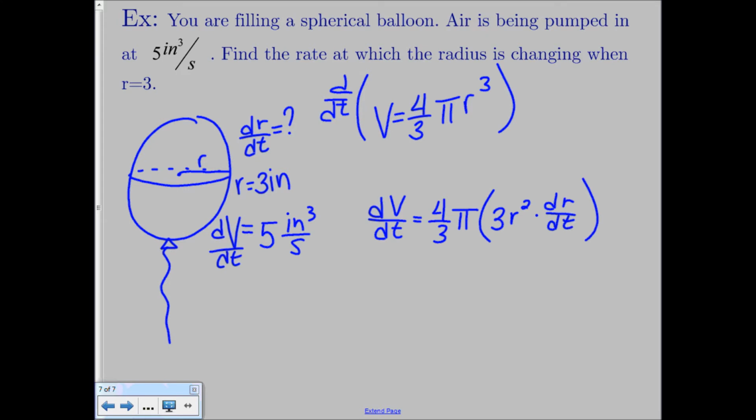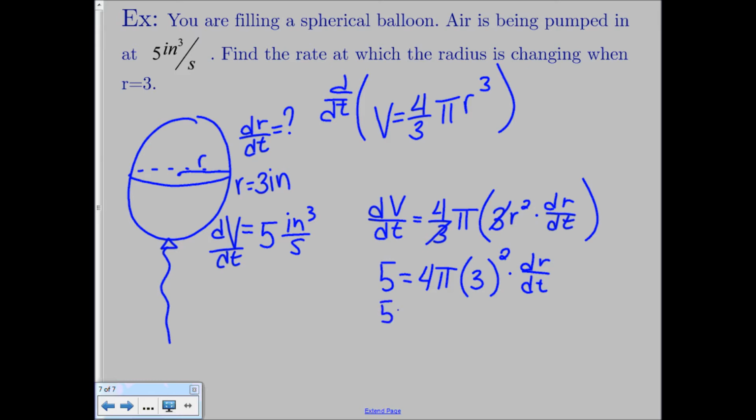So we knew that dV/dt was 5, is equal to, well, 4/3 times 3 is just going to be 4. So we're going to get 4 pi times r squared, so we're going to get 3 squared times dr/dt. And we're going to leave that as dr/dt since we don't know that, and that's what we're solving for.